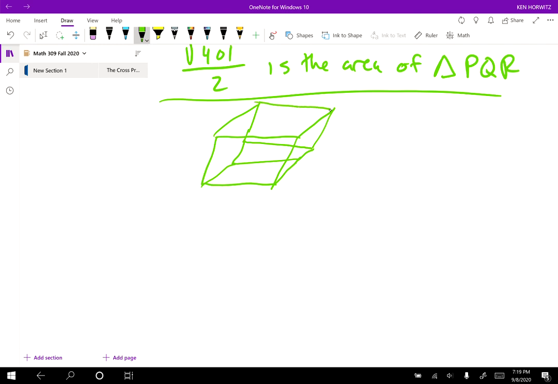Like I said, not the greatest. Let's see, a little bit better. This is called a parallelepiped.